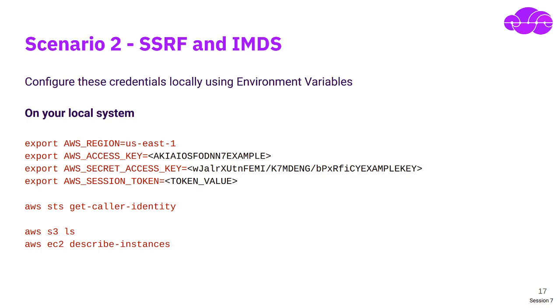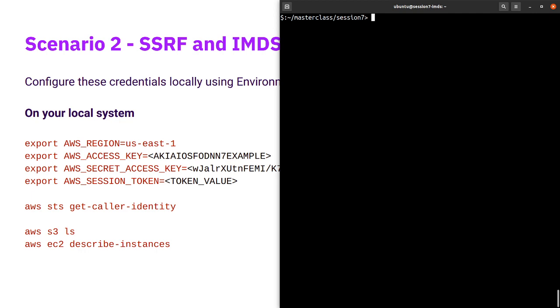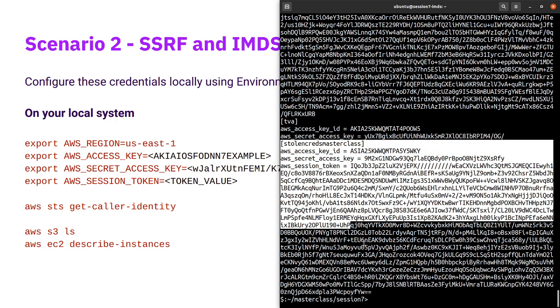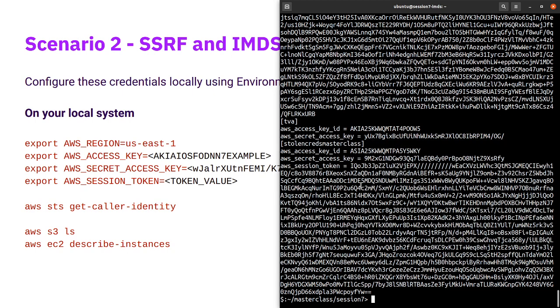So I just added it. So if I do tail my file, see, the profile that I just created is added here. Okay, so now I've added the session token also. All right, now access key, secret access key, and session token have been added to the file.